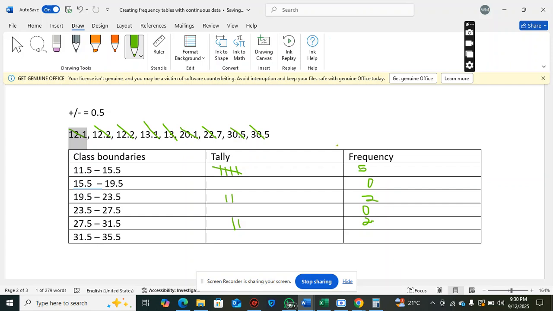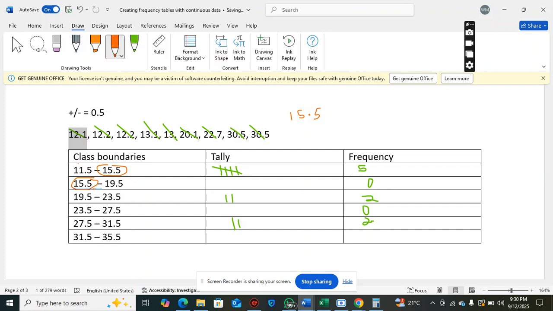Yes. So another important point to notice, let's say for example, if there was a number like 15.5 here, since these new class boundaries, as you can see, I've got a 15.5 here and a 15.5 here. So the rule of thumb, colleagues, is in these type of class boundaries, these are usually called the exclusive class boundaries.